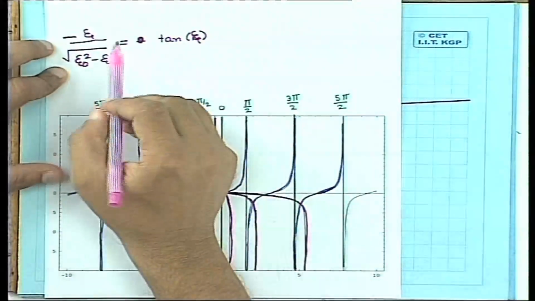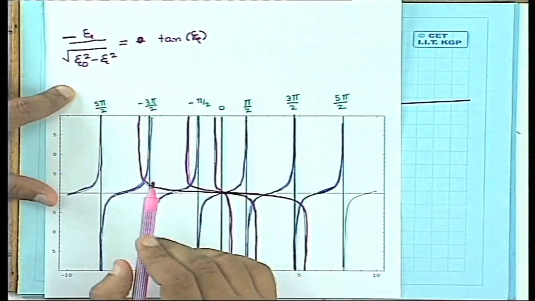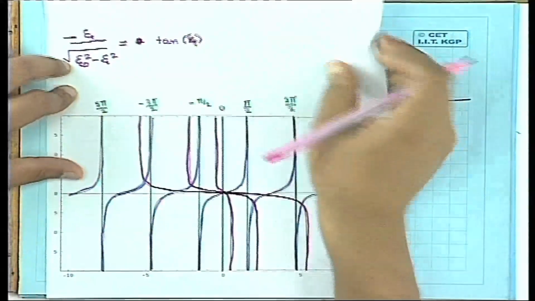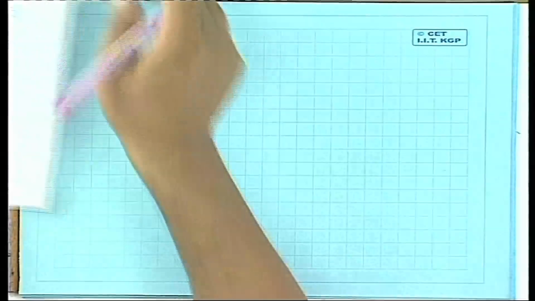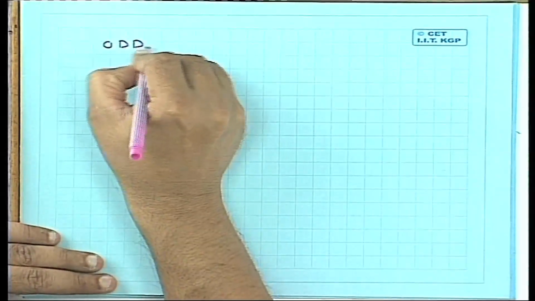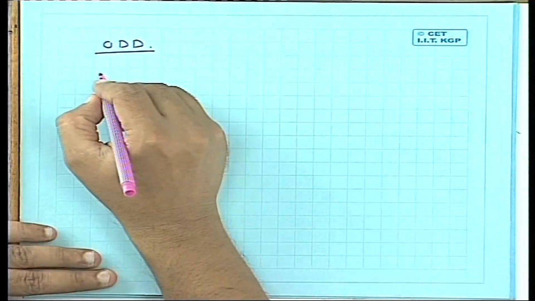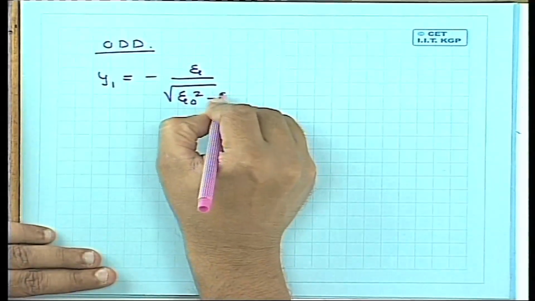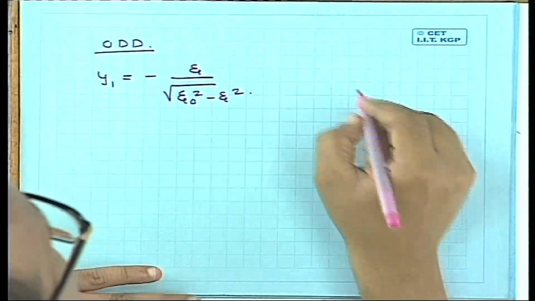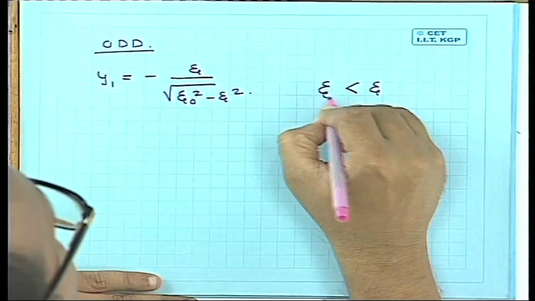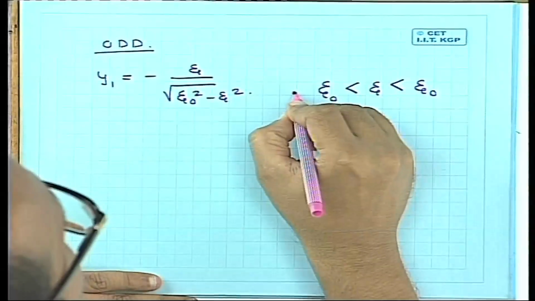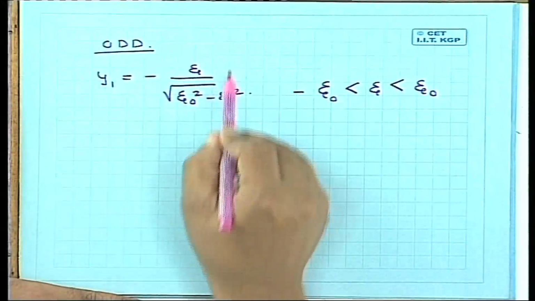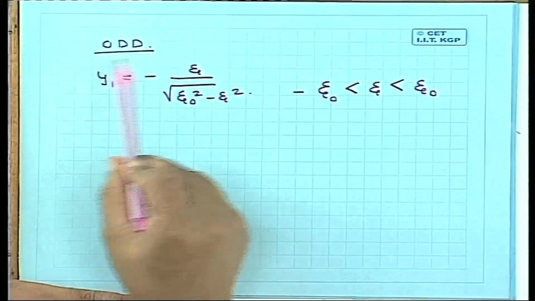For odd, let us call this function y1 equal to minus xi by square root of xi naught square minus xi square, and this is only defined in the range xi greater than minus xi naught and less than xi naught. Because as xi tends to xi naught, this function goes to infinity, and as it tends to minus xi naught, this function again goes to infinity.